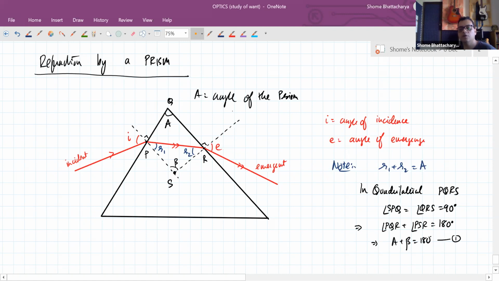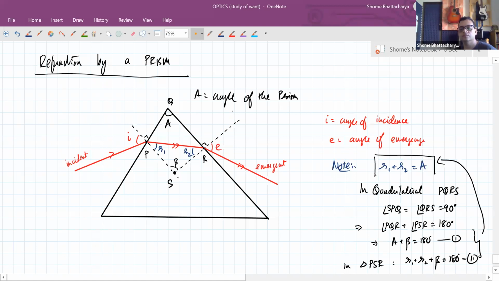That's one thing. Now you look in triangle PSR: R1 plus R2 plus beta must be equal to 180 degrees. From these two, you get this important property. This is something you should remember. The derivation is not important. This is something that you should remember.